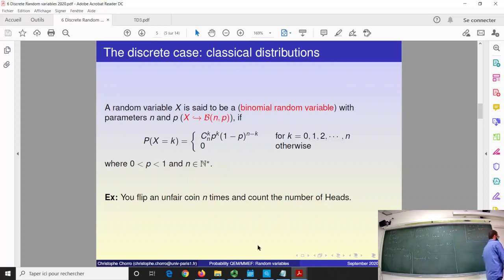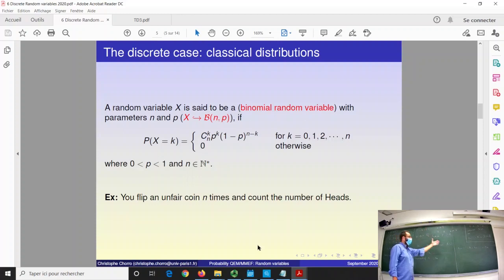What can I say? I can write x1 plus ... plus x_n1 plus y1 plus ... plus y_n2, that can be expressed in two ways. Here you have independent random variables, from the fact that the x are independent, the y are independent, and that these are independent of the previous ones.